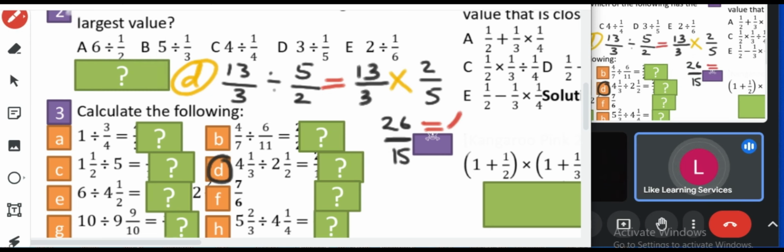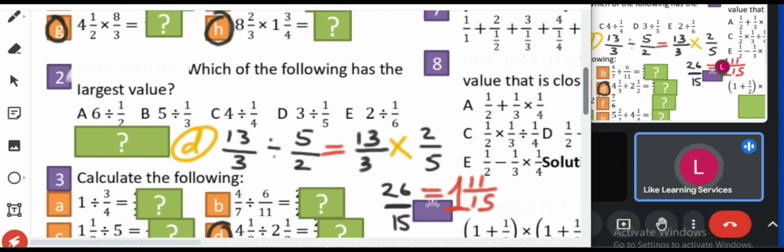It goes only once. So that's just one whole number. And what will be left? 11. 11 over 15. 15 goes only in one place. 1 whole number and 11 over 15.